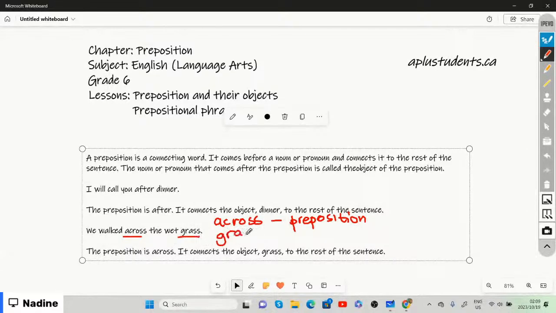So grass is the object of the preposition. And our preposition connects the object, grass, to the rest of the sentence.